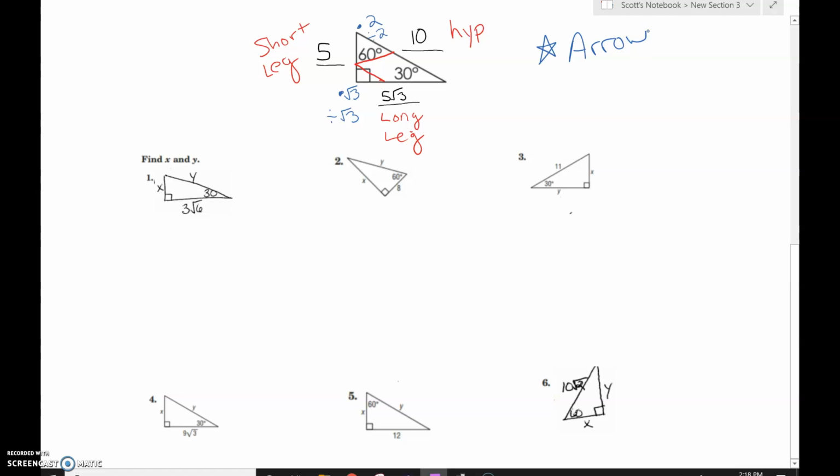So you have to locate that 30. For number 1 here, I'm going to locate the 30. Here is my opposite. I'm going to shoot the arrow, and it's going to look something like that. I've got my two legs formed by the 90. This one's longer, so this is the long leg, the short leg, and the hypotenuse.